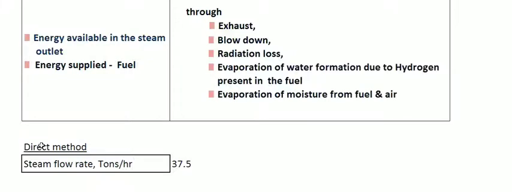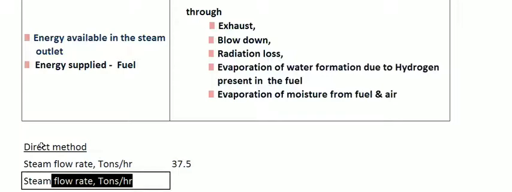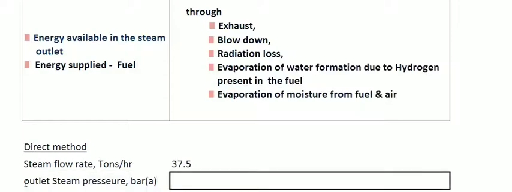And then steam pressure, our superheater outlet steam pressure, in bar absolute. If it is in kg, we can convert into absolute pressure by adding the atmospheric pressure. Pressure is 52 bar.